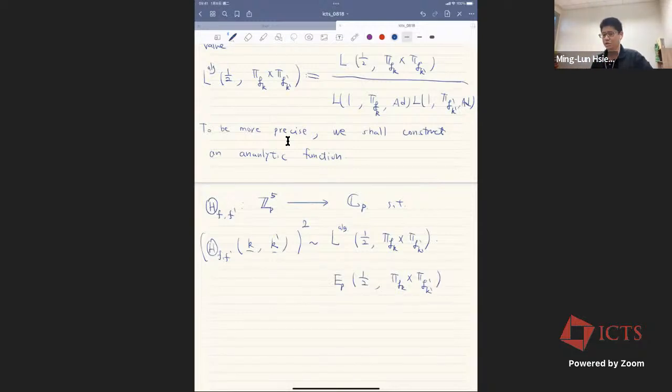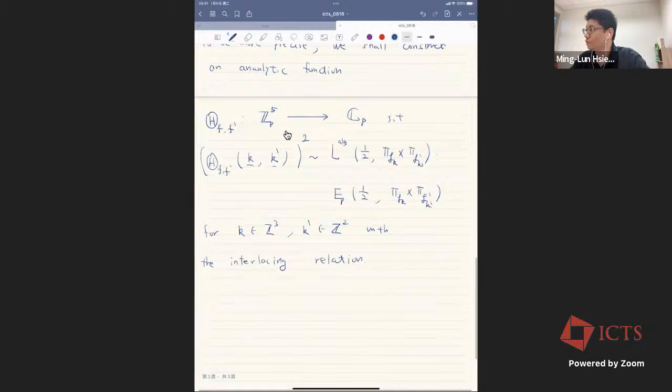The modified Euler factor was suggested in Zhen Liu's talk in the morning. This interpolation holds for (k, k') satisfying a certain interlacing relation, which also appeared in the talk of Shiling Lan.